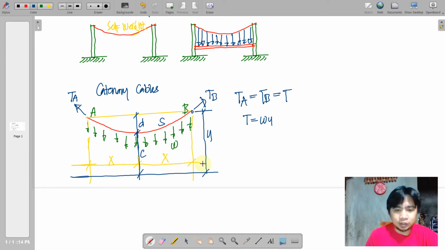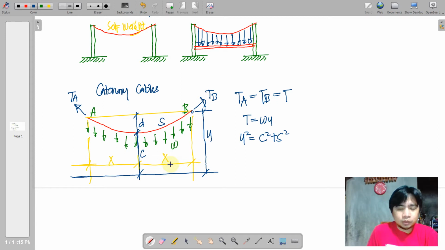Just imagine that these three comprise a right triangle wherein the longest dimension is y, so y is the hypotenuse and these are the two legs. So y squared is equal to c squared plus s squared. This is the estimate of the vertical dimensions c and y from a common reference.